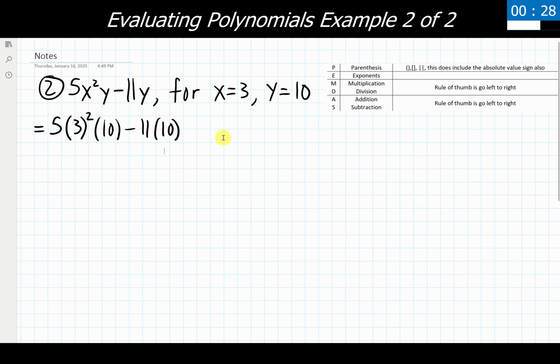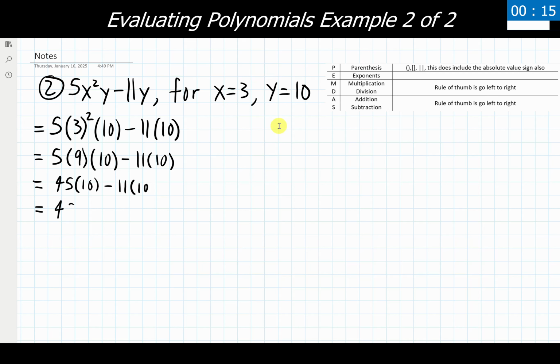Once we've done this, we can now evaluate it using PEMDAS, our order of operations, to get to our final answer. And we are getting that our final answer, after we've plugged everything in and evaluated it using our order of operations, is 340.